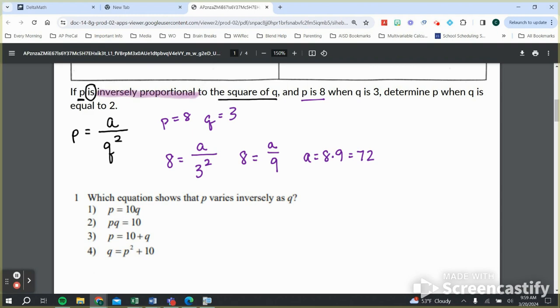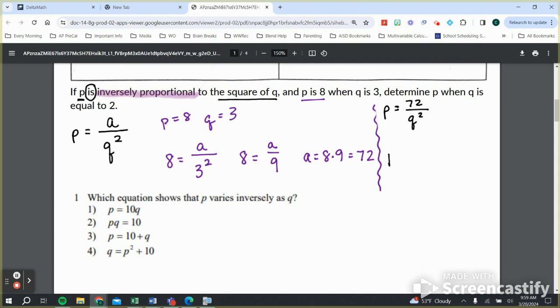And now we want to determine P when Q is equal to 2. So we're going to create our equation. P is equal to 72 divided by Q squared.